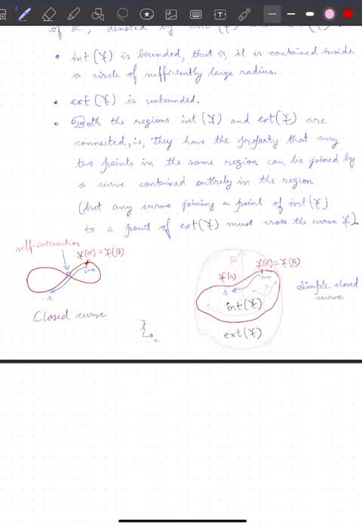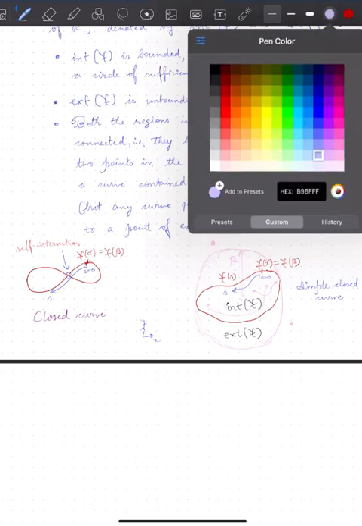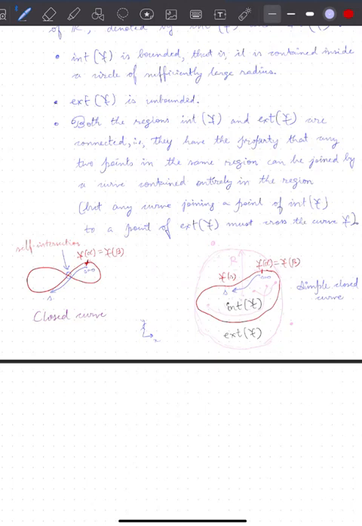So in the exterior of gamma, say we have this point here and this point here. We need to traverse a path which remains only in the exterior of gamma and reach here. So any two points can be connected by a curve which joins both without entering the other region.